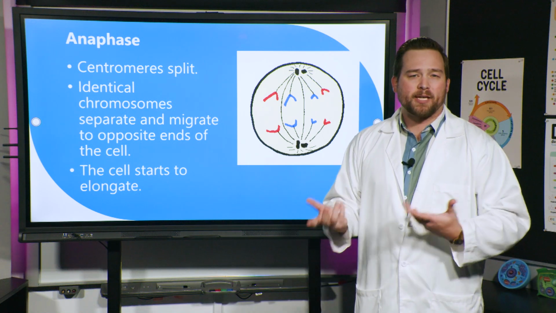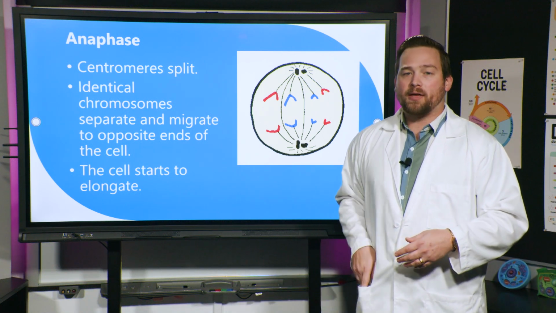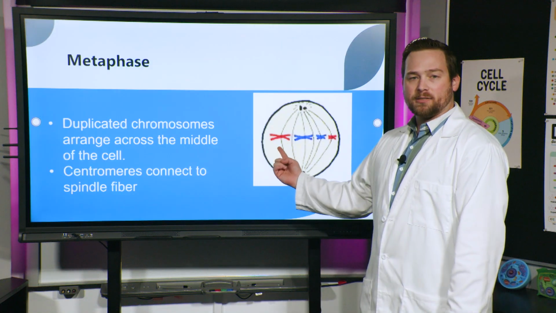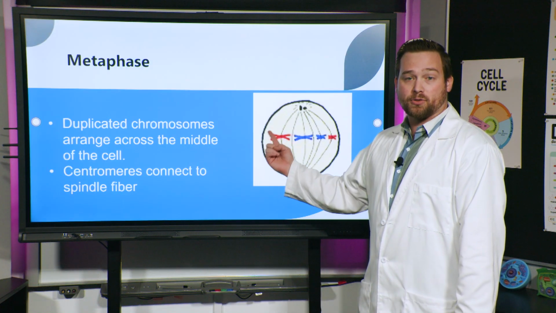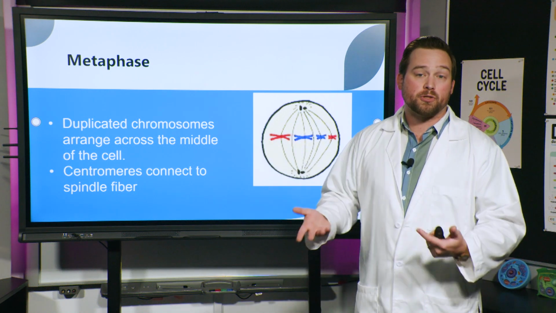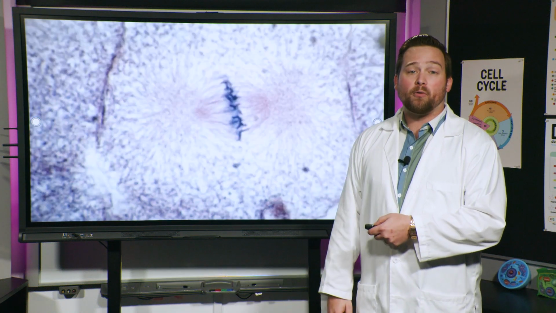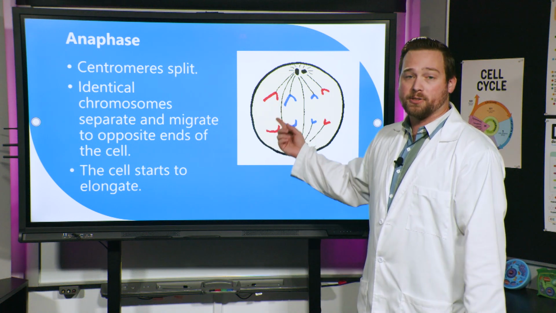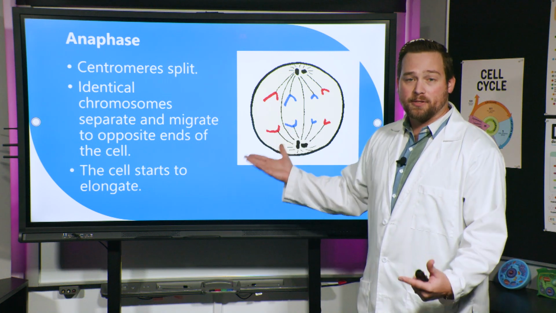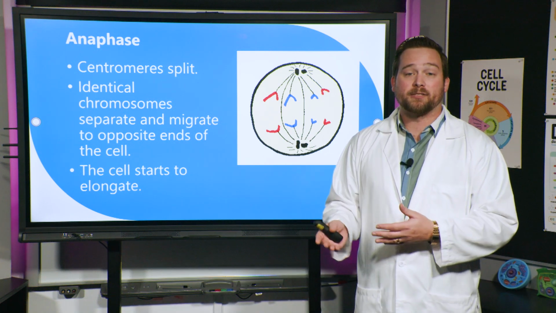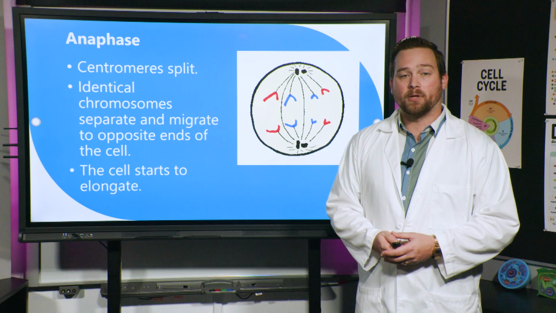Somewhat counterintuitively, when they look like this, the whole X structure is a chromosome. It's made up of 2 sister chromatids. But once we start to pull them away like this, now they're each their own chromosome. So this is a chromosome and this is a chromosome. Now each new cell is going to get the exact same DNA as the other one.